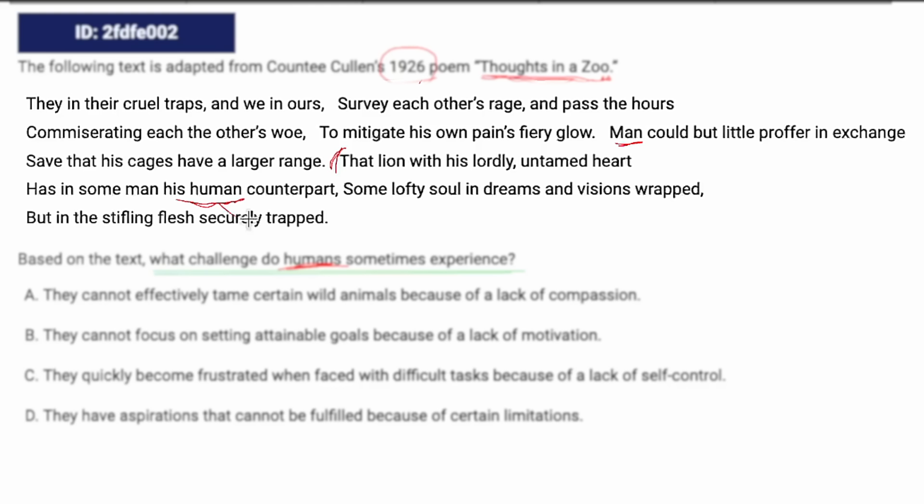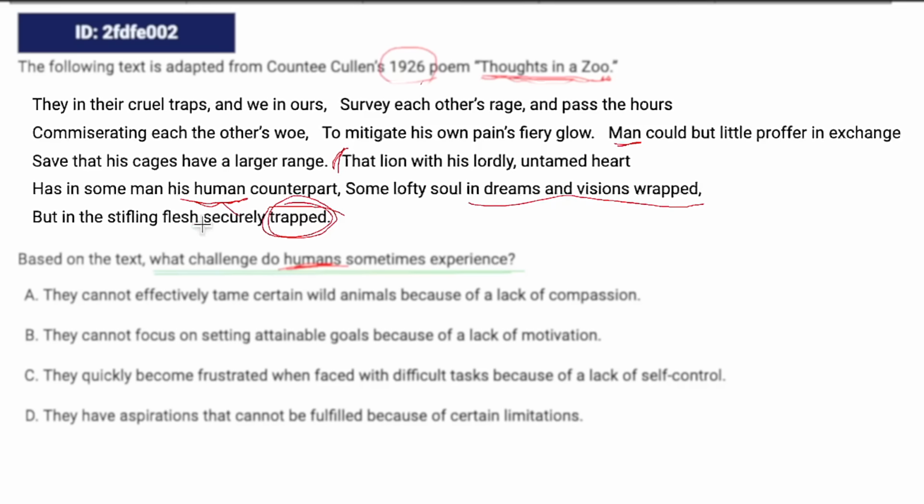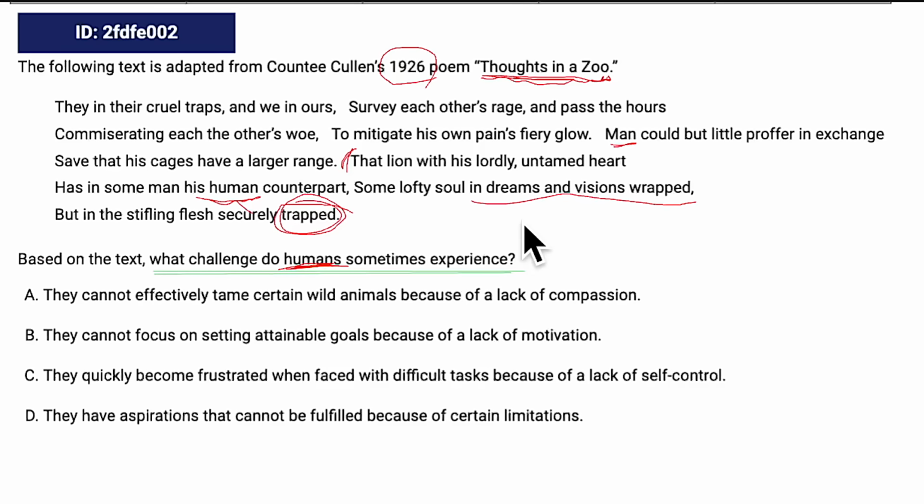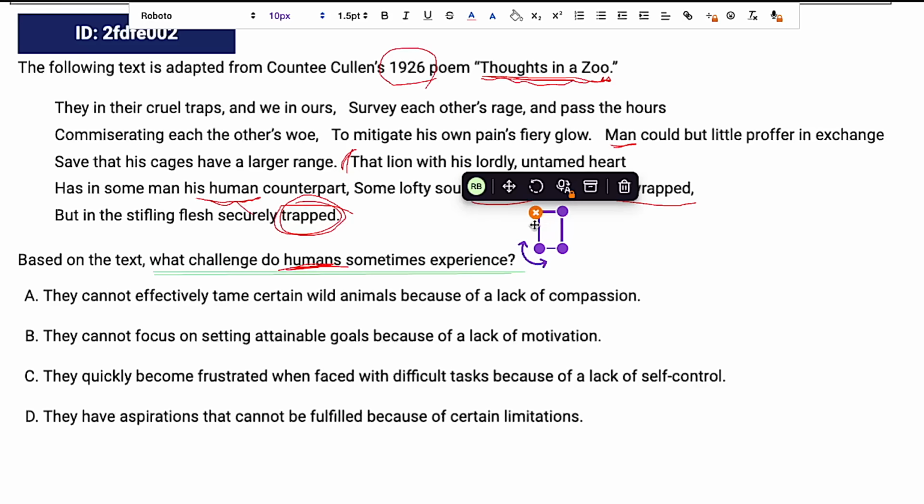So the lofty soul is the human, lofty soul in dreams and visions wrapped, but in the stifling flesh securely trapped. All right, I'm focusing here on trapped, because the question is what challenge do humans sometimes experience? Being trapped is a negative thing. I would think of it as a challenge. So let's focus on this part and let's try to translate it into modern dad English.